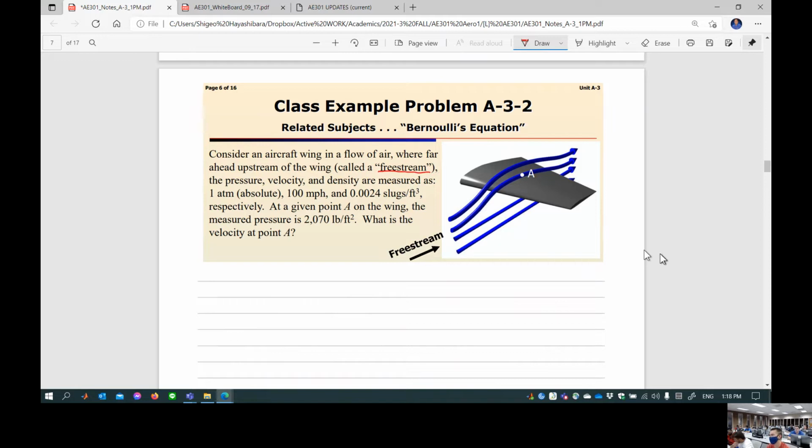The pressure, velocity, and density are measured as 1 atm absolute, 100 miles per hour, and 0.0024 slugs per cubic foot, respectively. At a given point A on the wing, the measured pressure is 2070 pounds per foot squared. What is the velocity at point A?